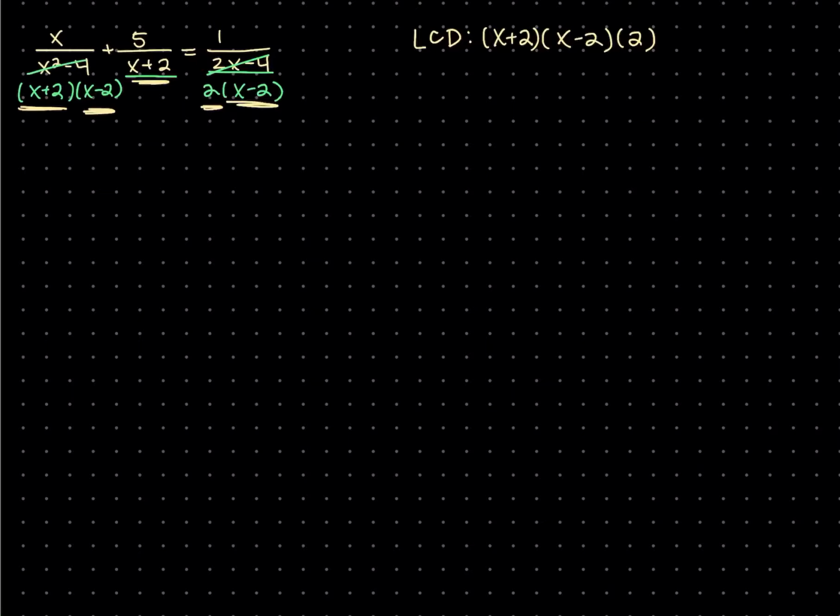So that's going to be part of our LCD as well. And so what we want to do is multiply our whole equation by x plus 2, x minus 2 times 2. And remember, that's just the numerator that we're multiplying, not the denominator.